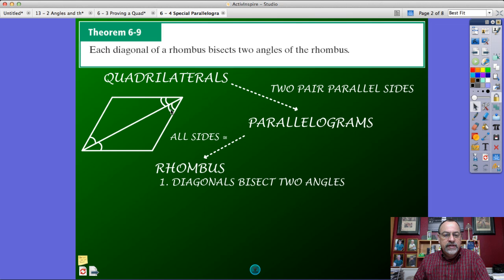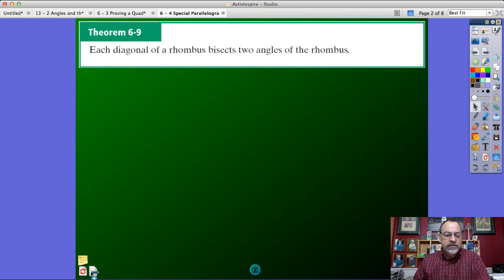So this angle and this angle are congruent, and this angle and this angle are congruent as well. Now, if I drew this other diagonal, remember as a parallelogram, it's going to cut each other in half, right? And in addition, it's going to cut this angle in half as well. So the additional characteristic here is that in the rhombus, the diagonal cuts the two angles in half. Okay, so that's the first thing.